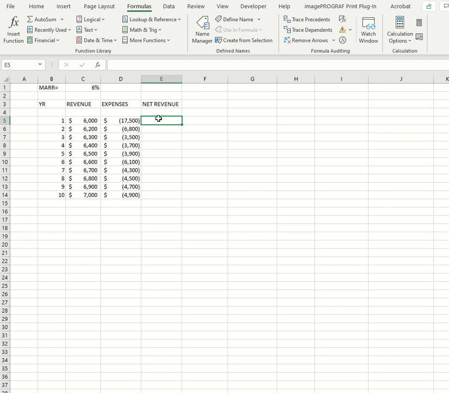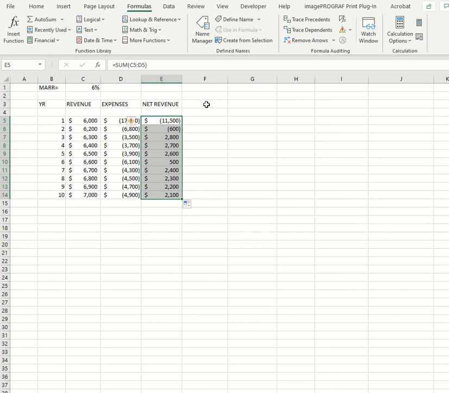And all that is going to be is, I can actually just do it this way. Okay, so there's our net revenue for these expenses.